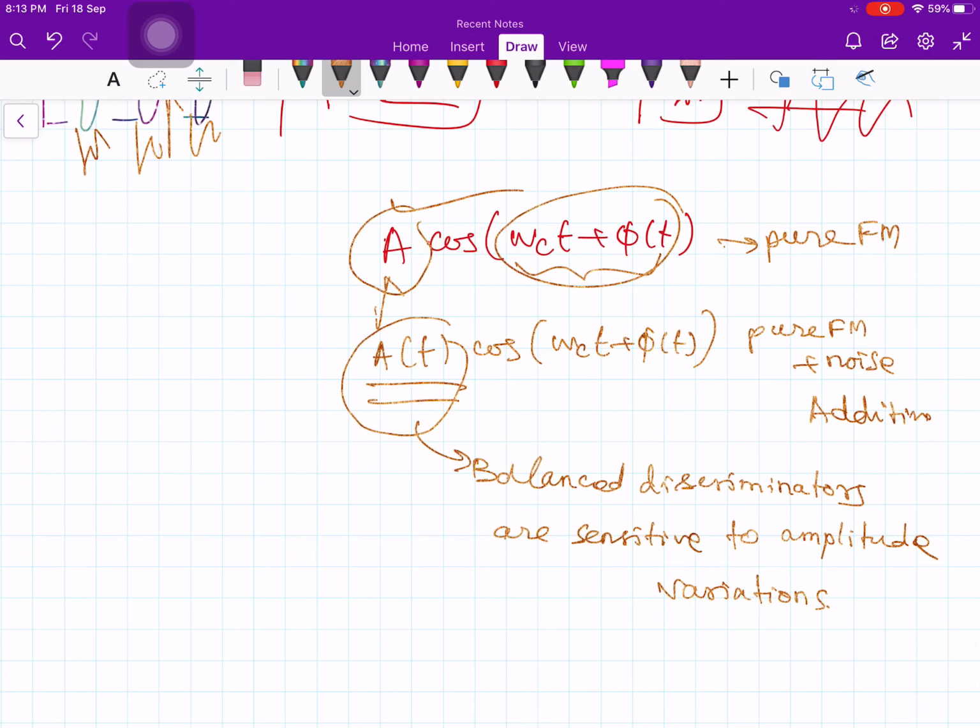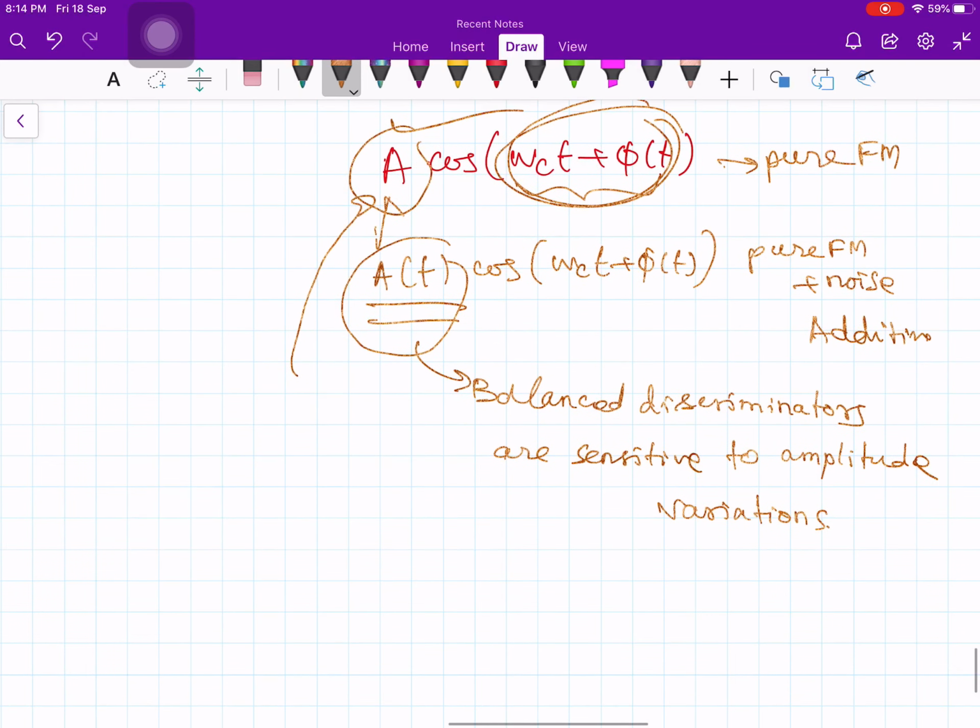My balanced discriminator should be sensitive to the argument of my cosine function, but now what is happening, it is sensitive to the amplitude variations also, if the amplitude is not constant. So the balanced discriminator is sensitive to amplitude variations of the input signal.